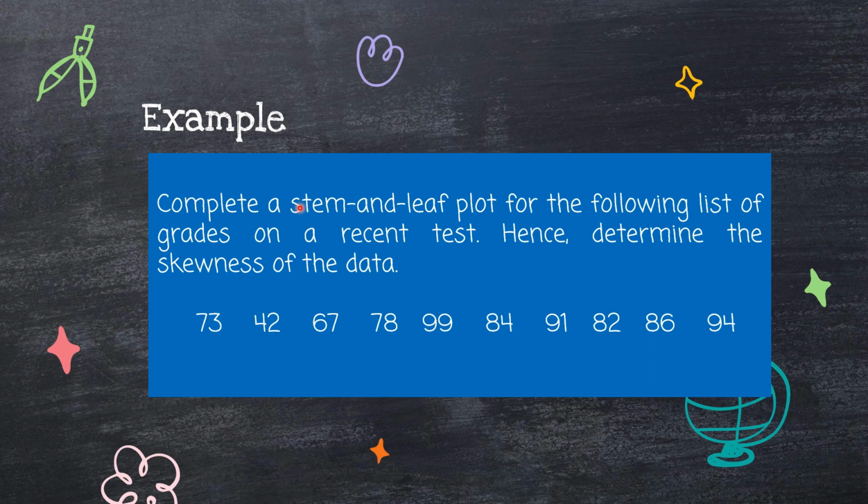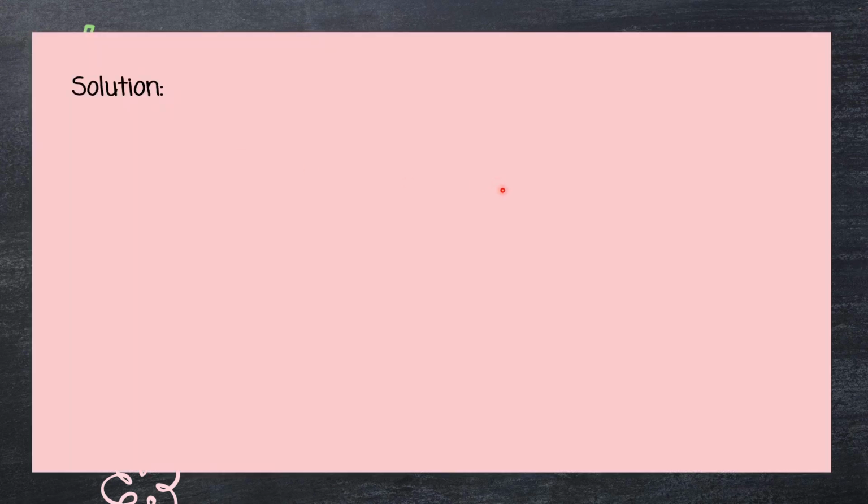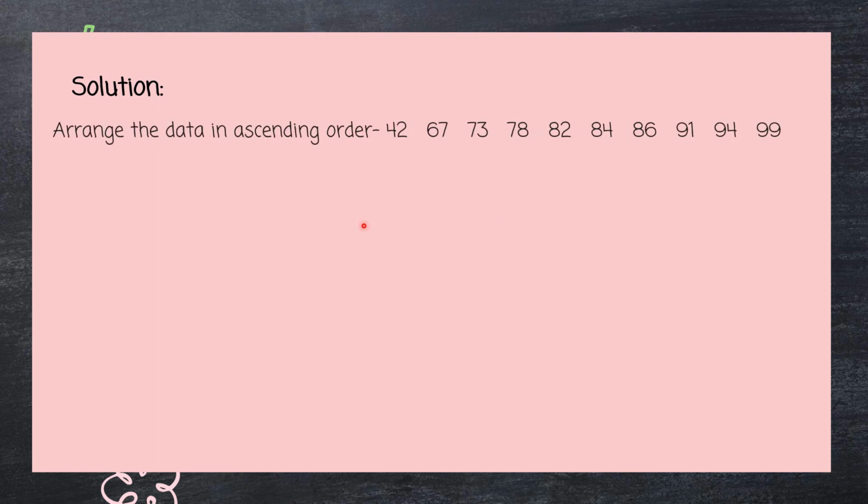Next example, complete a stem and leaf plot for the following list of grades on a recent test. Hence, determine the skewness of the data. Now, we are going to discuss the solution of the example. So first step, arrange the data in ascending order.